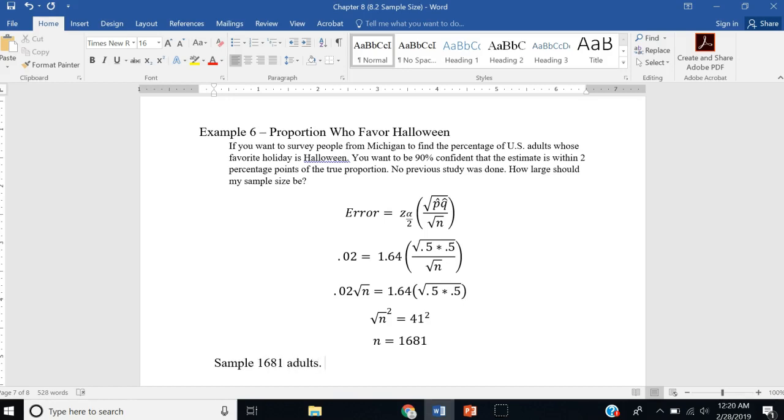If you did this from the US, then we do US adults. If you did it just from Michigan, you can do just Michigan adults. Notice I didn't have to go up a number because it landed on 1681 perfectly. So I didn't need to go up to 1682 or anything further than that.